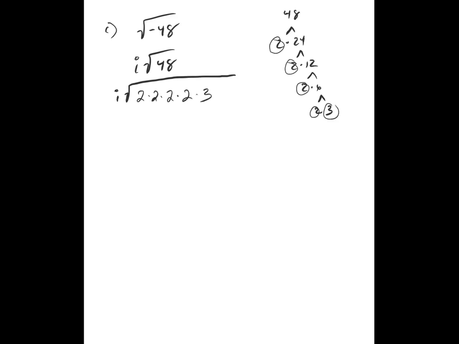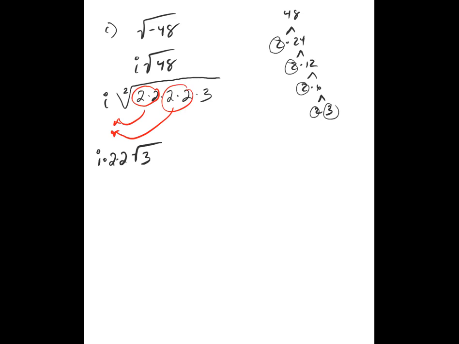Right? And when we don't have an index here, right, it implies that your index is 2 and you're pulling in groups of 2s, right? So I can pull one of those out and I can pull one of those out, right? So that leaves me with an I. One of those 2s got pulled out, another 2 got pulled out, and on the inside I'm only left with 3.